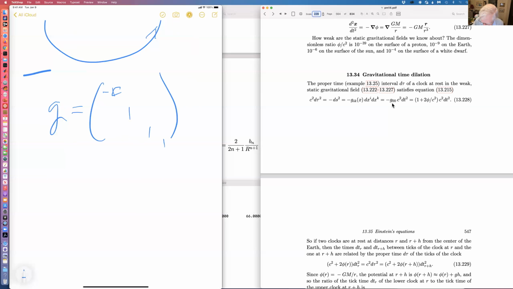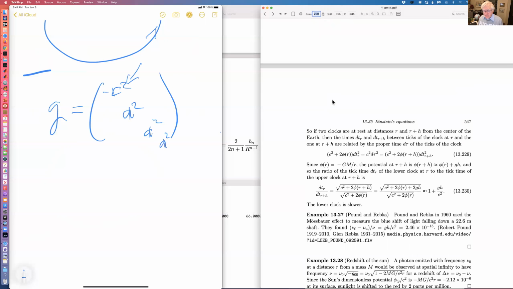Actually, it's minus c squared, a squared, a squared, a squared, where a is the scale factor, but the scale factor we conventionally take as unity at the present time. Anyhow, g_00, that's this one, is negative.